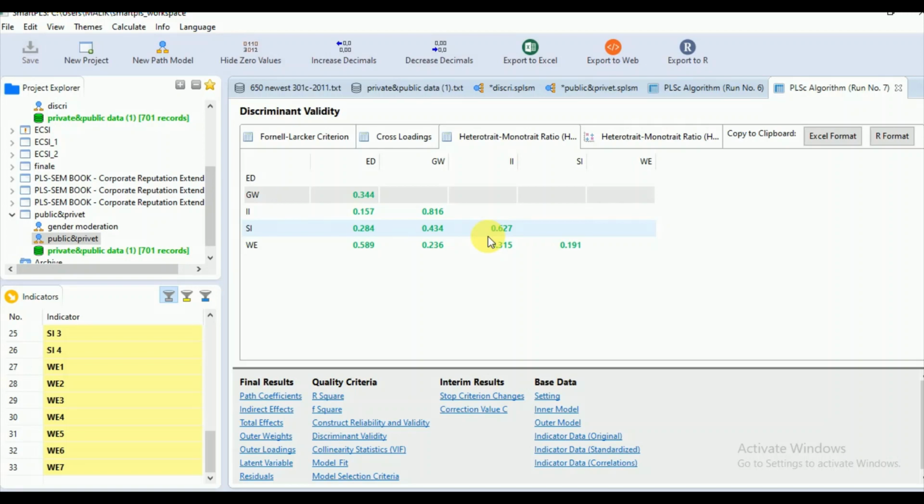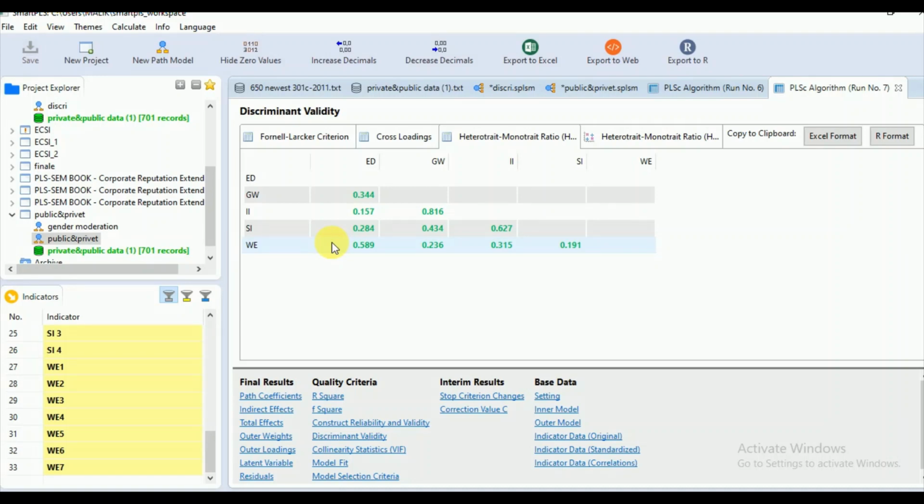The threshold level for this discriminant validity is 0.85. As mentioned earlier, we find the mean of the item correlations across the constructs relative to the mean of the average correlation for the items measuring the same construct.